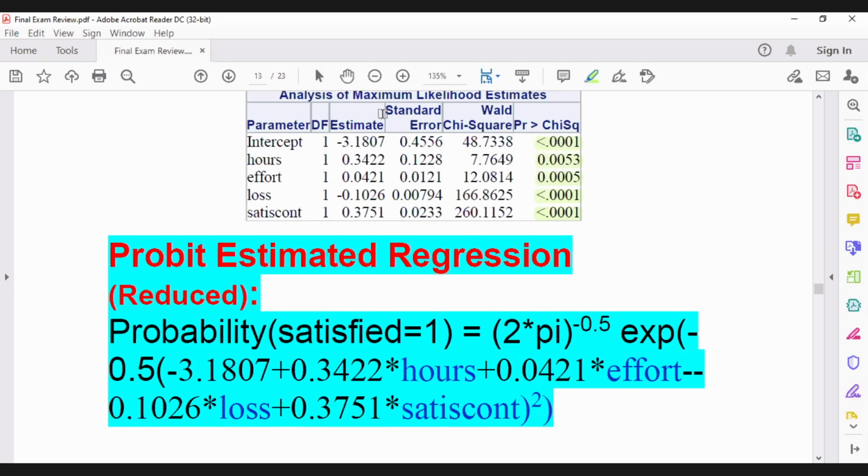So from this table, we can write down the probit estimated regression for the reduced model. So the probability of y equal to 1 is equal to (2 pi) to the power of minus 0.5 times exponential of minus 0.5 multiplied by (beta 0 plus beta 1 hours plus beta 2 effort plus beta 3 loss plus beta 4 satisfaction).